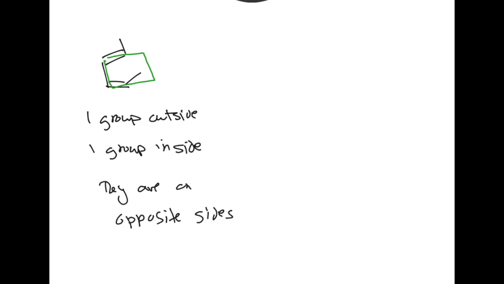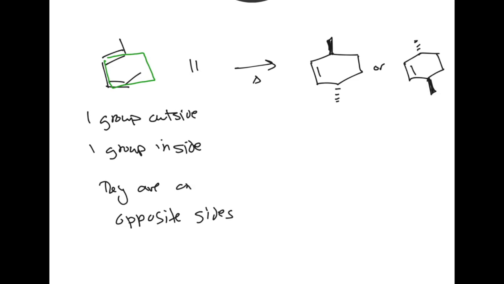So they're opposite. Inside, outside, opposite. So they're going to end up on opposite sides in my product. So you just look at the groups at 1 and 4. You decide if they're both inside or both outside. And that will give you your stereochemistry.